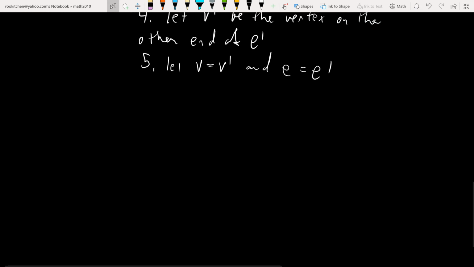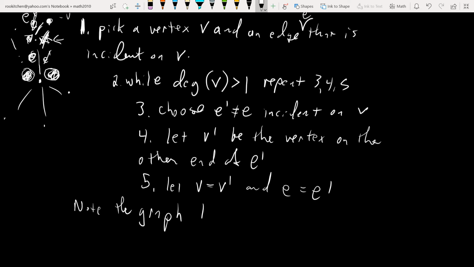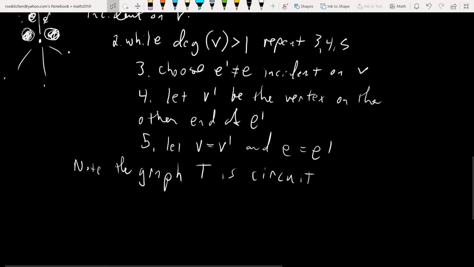Okay, so anyways, the algorithm. Well, it's circuit free. So you might argue, what if I circle around in my graph and come back? Well, note the graph T is circuit free. So you're never going to loop back onto the same vertex and get caught in an infinite loop. So there are no loops.